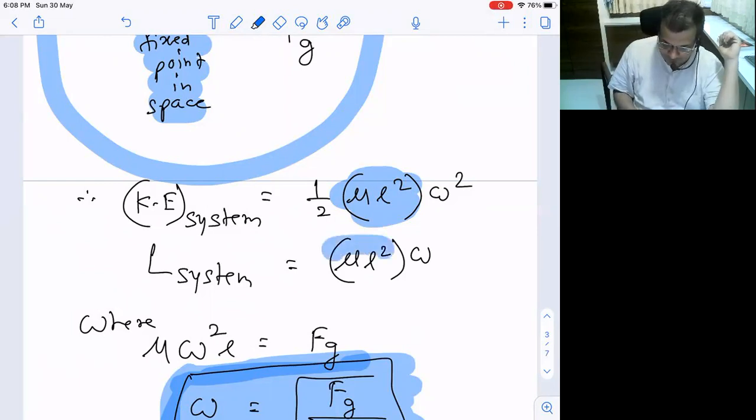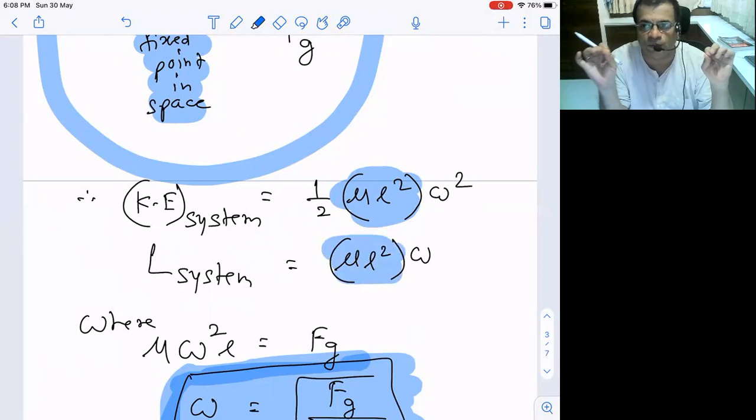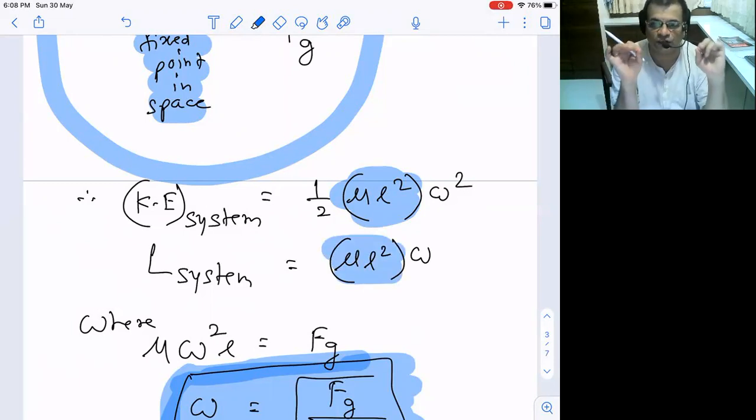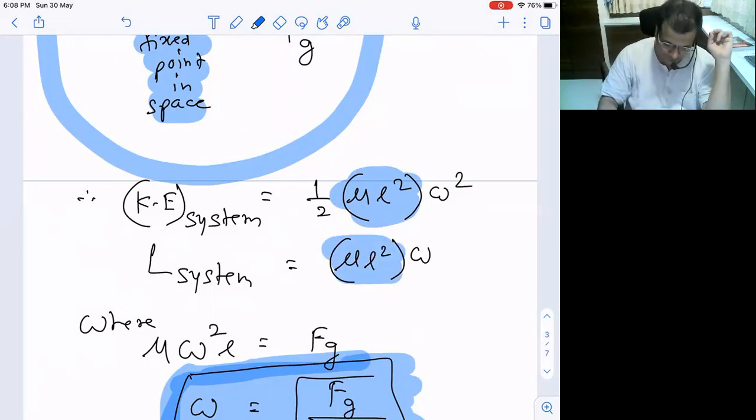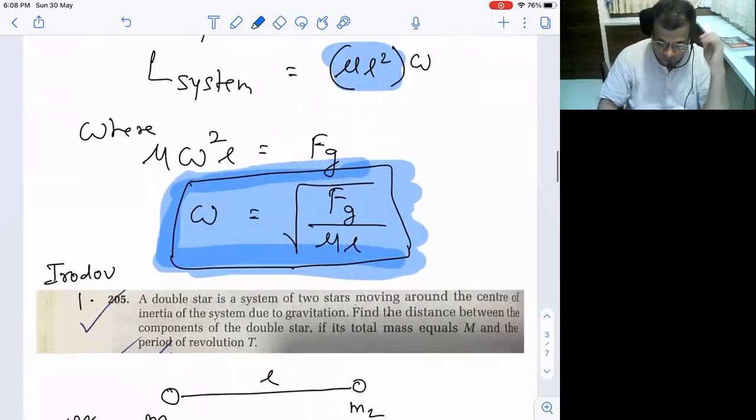Similarly, angular momentum can also be found by using I into omega, moment of inertia into omega. If you want the omega of the stars, then omega is equal to the square root of the gravity force divided by mu L.